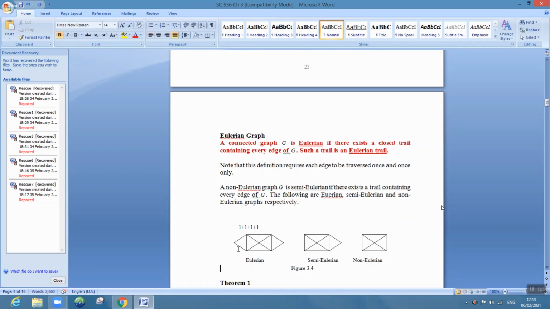If it is 4, you visit the vertex, come out, and a second time again visit and come out. So you go to the vertex twice when the degree is 4. When the degree is 6, you visit the vertex 3 times. When the degree is 8, you visit the vertex 4 times. So if each vertex has even degree, we say the graph is Eulerian. Eulerian means each vertex has even degree.